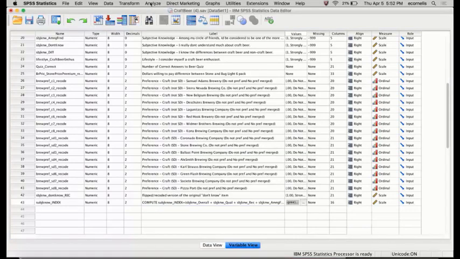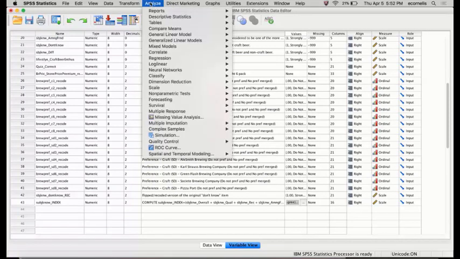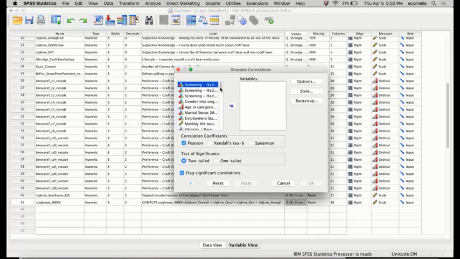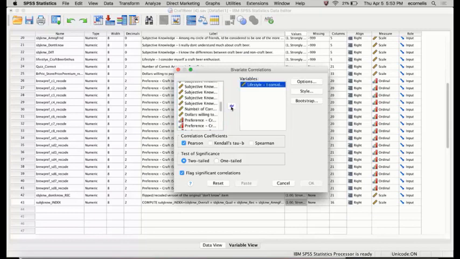Awesome. Let's go ahead and show you guys where the correlation analysis can be found. So we click on Analyze, and then we click on Correlate, and then we go to Bivariate. We click Bivariate, and on the left side here we find the variables we want, which are the lifestyle variable, and all the way on the bottom we have the computed subjective knowledge question as well.